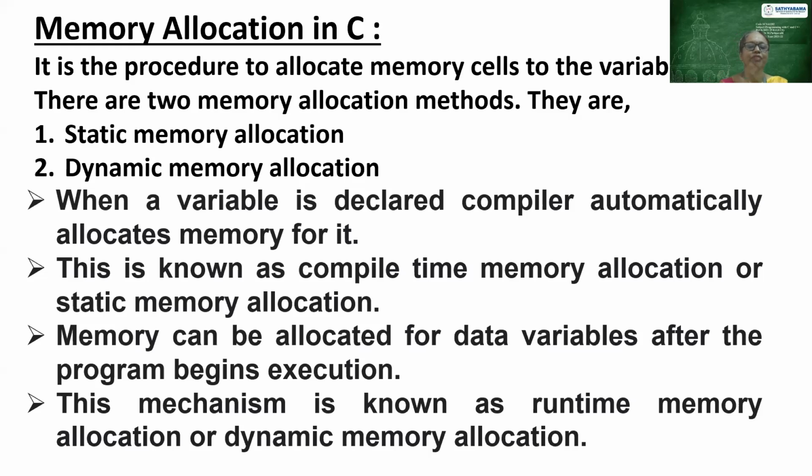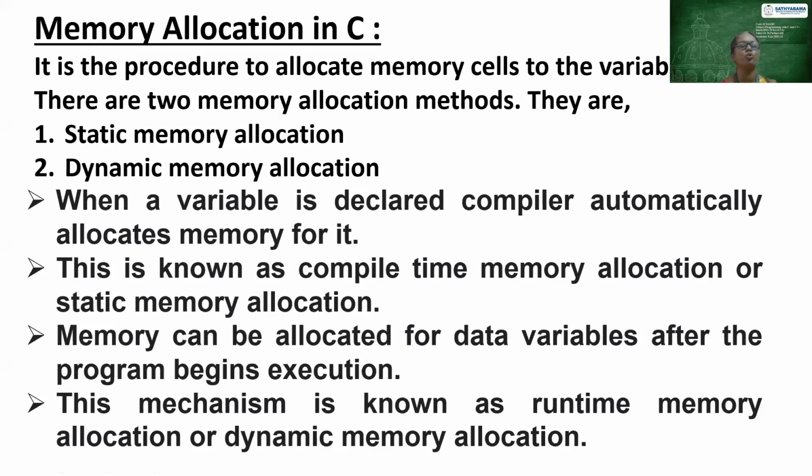The best example is whenever I declare any variable in my program, that is static memory allocation. When we look at dynamic memory allocation, memory can be allocated for a data variable after the program begins execution. We all know that first we compile and then we execute.